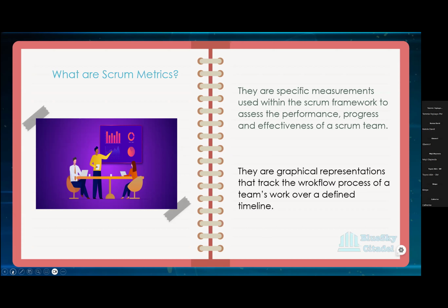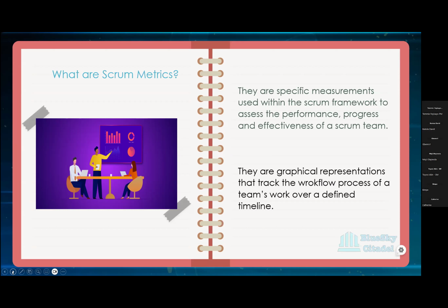So when it comes to Scrum metrics, we're looking at the specific measurements used within the Scrum framework, and it helps to assess the performance, progress, and effectiveness of a Scrum team. That's what Scrum metrics are used for. They are graphical representations, charts that can track the workflow process of a team over a defined time period.